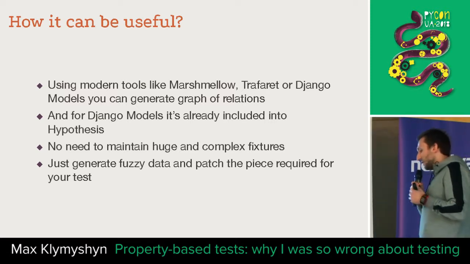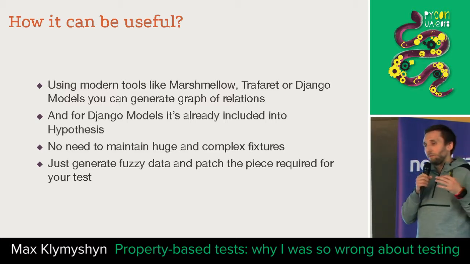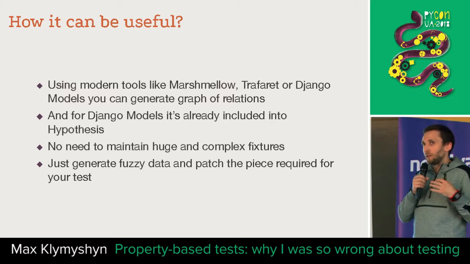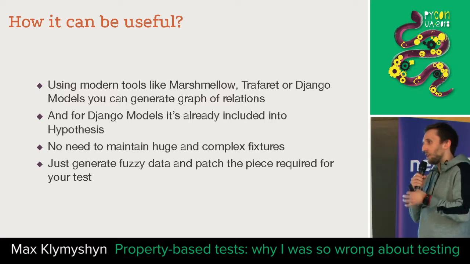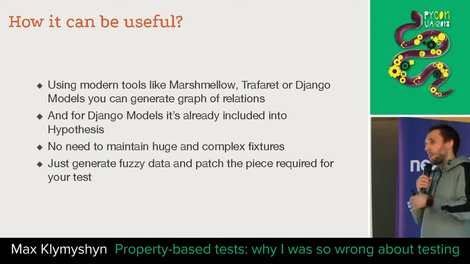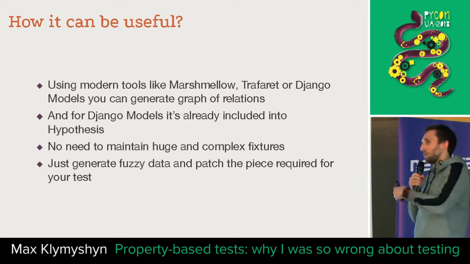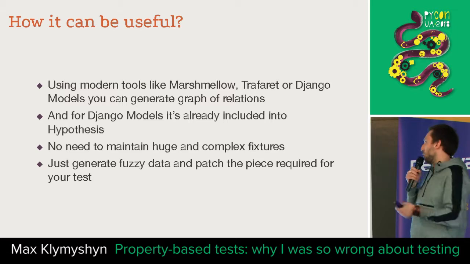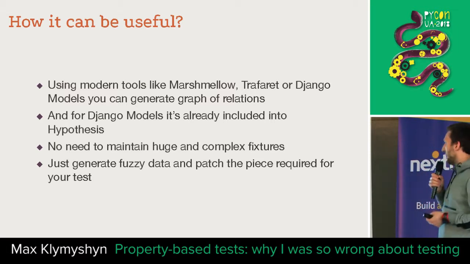In case you use some kind of tool where you can describe your data models, your structures and relations between structures. For example, in Django you have models and foreign keys, but in document-oriented databases you don't have such possibilities, so you use some kind of Marshmallow or Traforet with this example I provided, or any other tool.